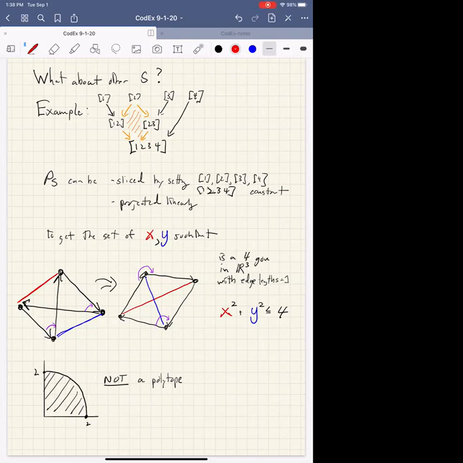If P sub S were a polyhedral cone, then slicing it would keep it polyhedral, and projecting it would keep it polyhedral. But when you do this, you get the set of pairs such that the sum of the squares is less than or equal to 4. And that is a quarter of a circle and is most definitely not polyhedral. It's still convex.